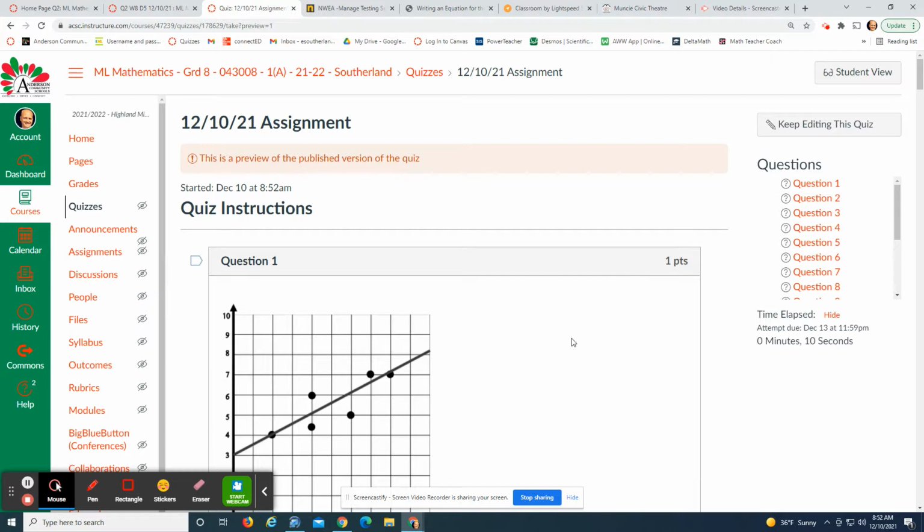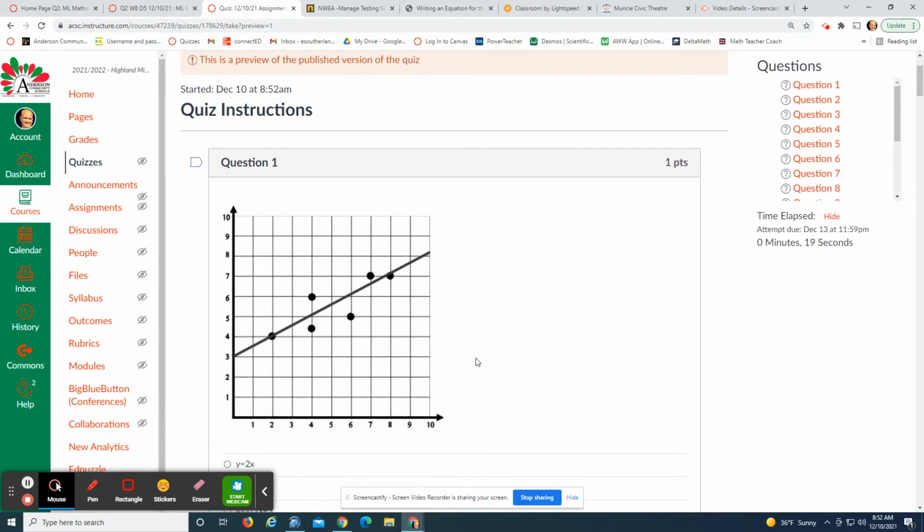Again, everything I write in red, I want you to write down on your Chromebook exactly in the same spot I do, so that we're in the practice of doing this. We're always going to write the equation y equals mx plus b.